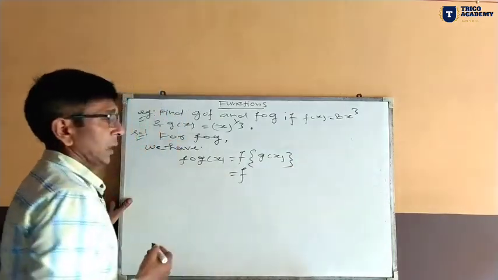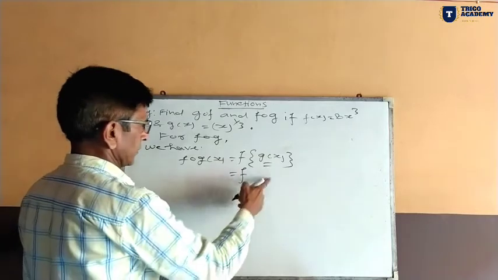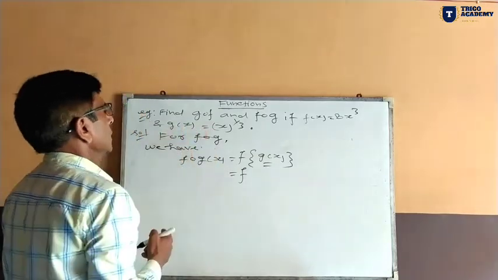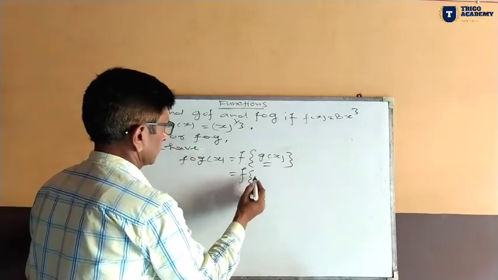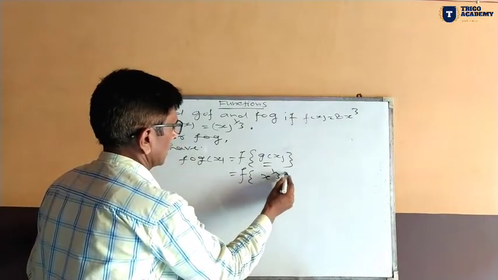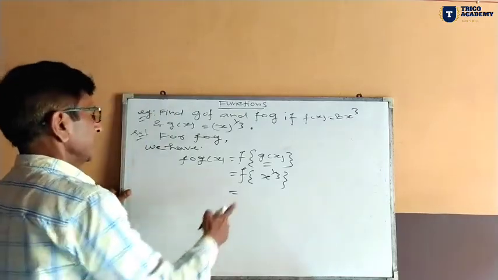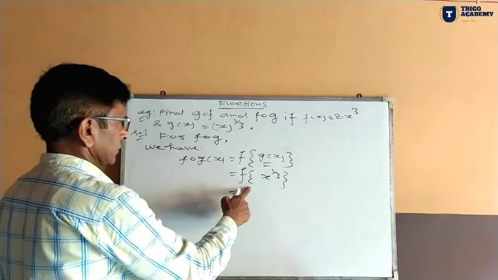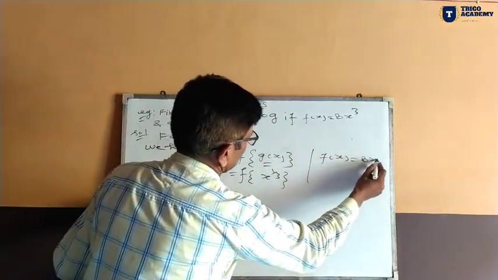After that, in place of g(x) we put the value of g(x) through the definition of g(x). It is x raised to 1 by 3. Now we apply the value of f(x) here, and f(x) is 8x cube.